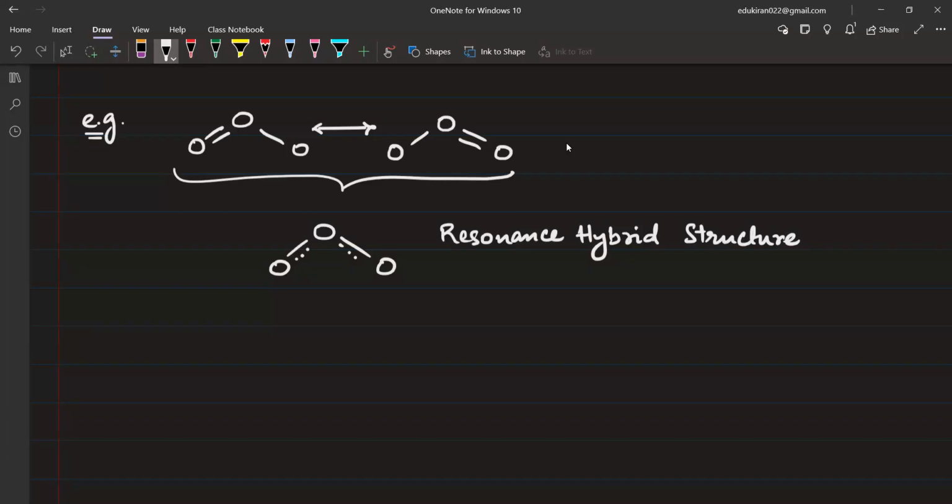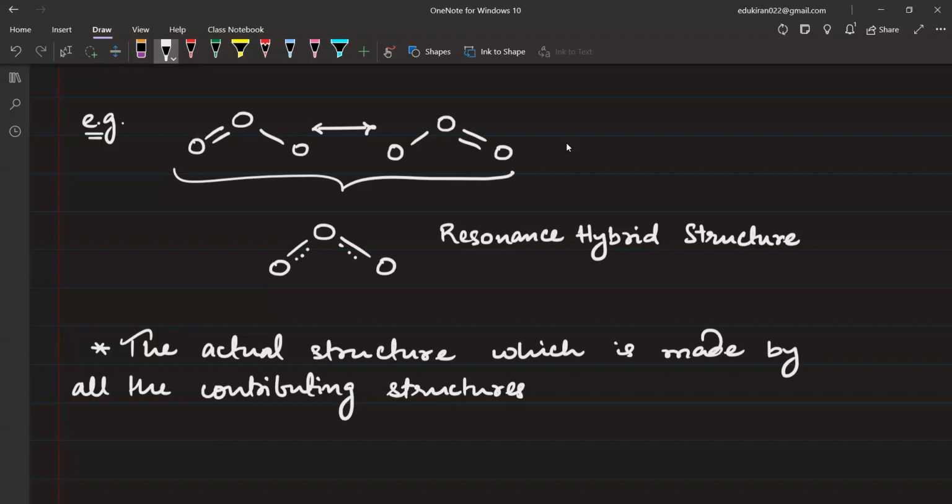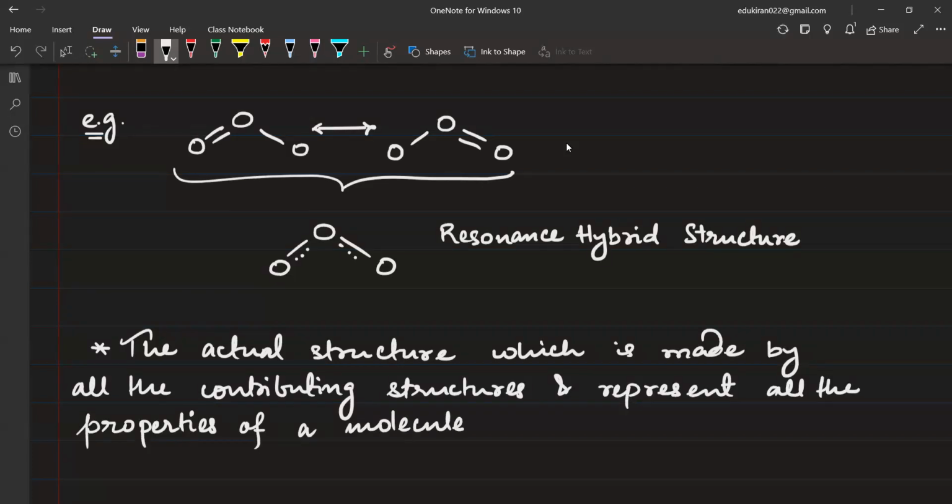Okay, so please write. The actual structure, which is made by all the contributing structures and represents all the properties of a molecule, is called resonance hybrid structure.